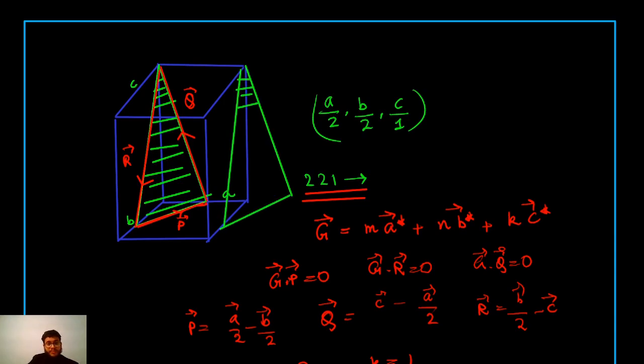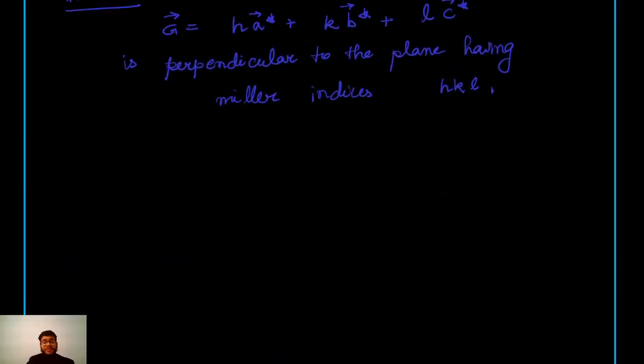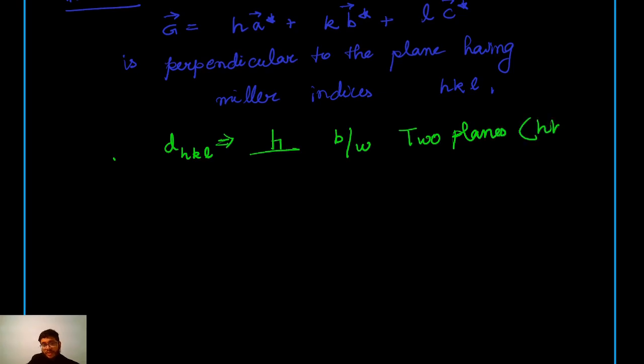So there are in principle an infinite number of planes, and we want each of them to interfere constructively. So let's say the perpendicular distance between them is d hkl, the perpendicular distance between two planes having Miller indices h, k, and l.